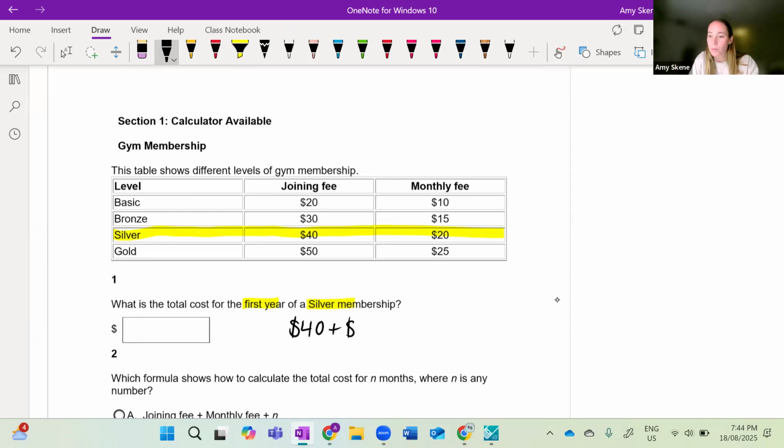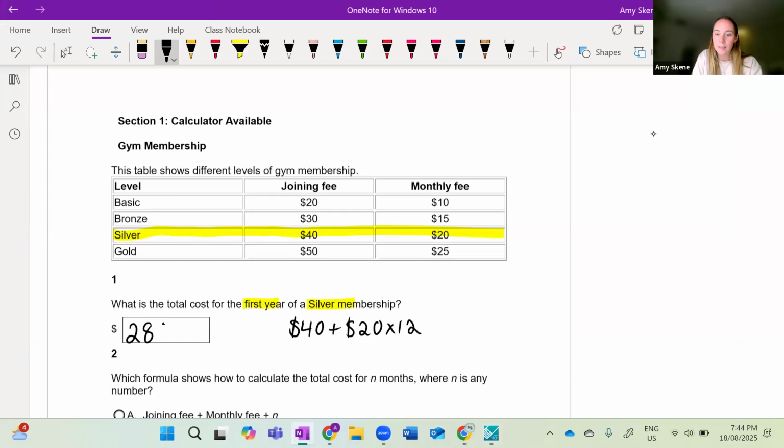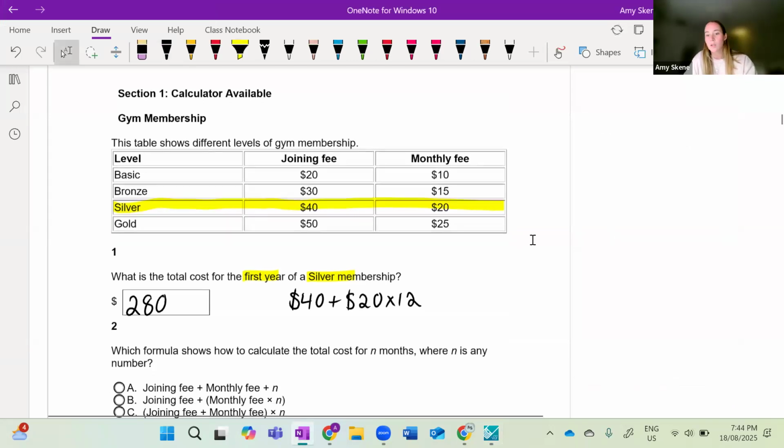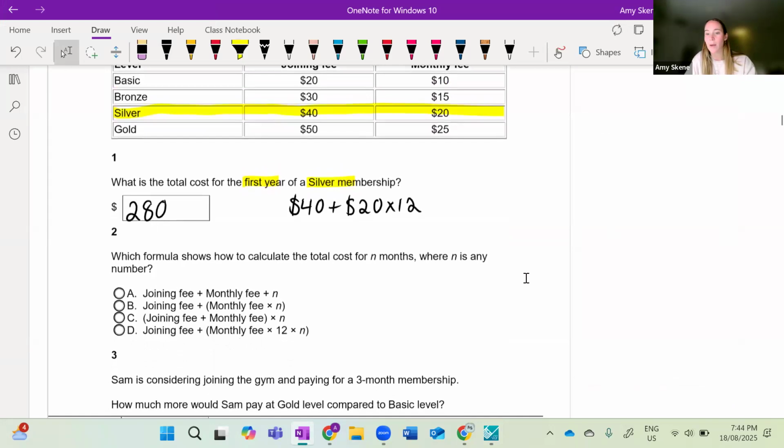And so I'm going to do 20 multiplied by 12 and I'm simply just going to plug all of that into the calculator. So 40 plus 20 times 12 and you're going to get $280.